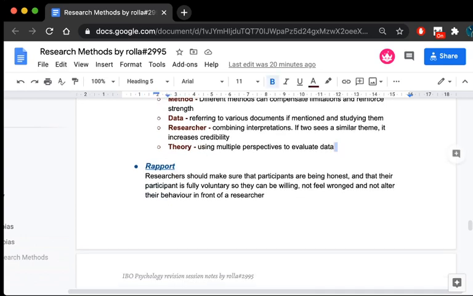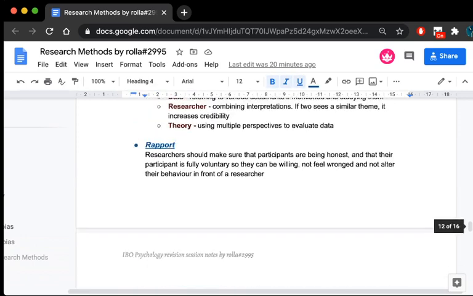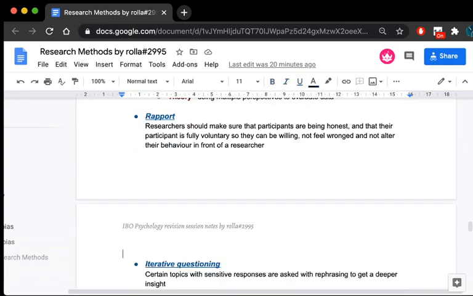Well, theory is basically using multiple perspectives to evaluate the data and see how they combine and maybe form a conclusion from the combination of the theories.